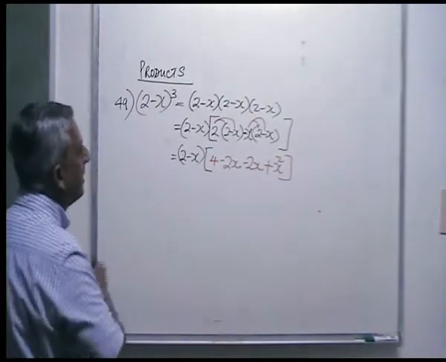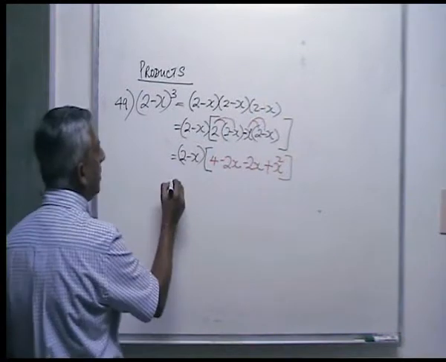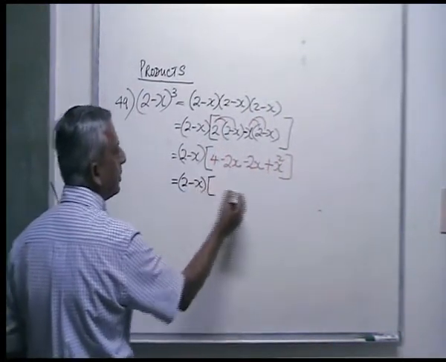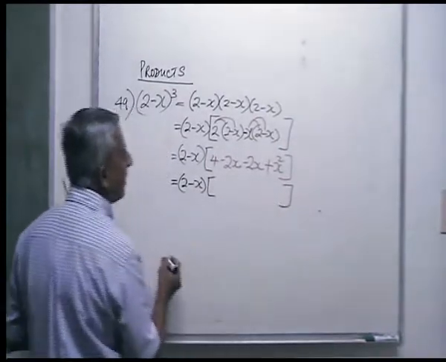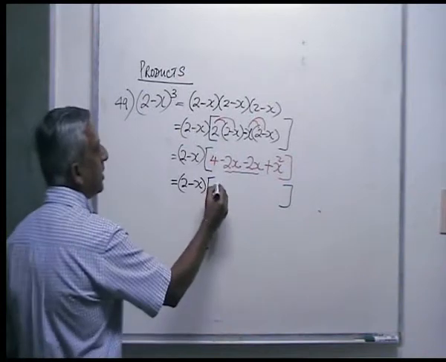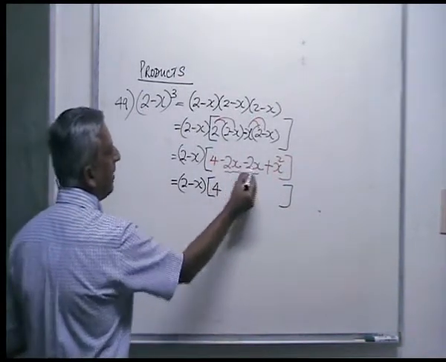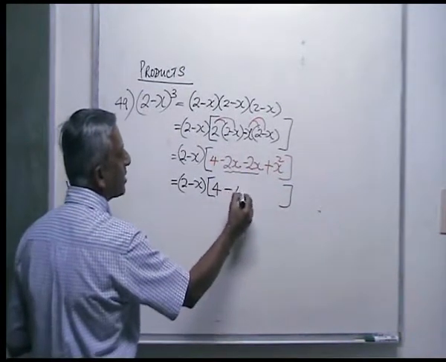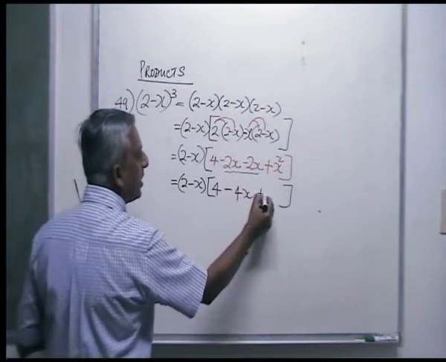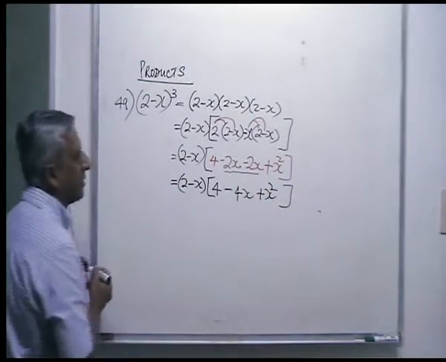Okay, and then you got 2 minus x into this bracket here, right? So there's your 4, and that gives you minus 4x. You're adding minus 2x and minus 2x, and then you bring down the x squared.